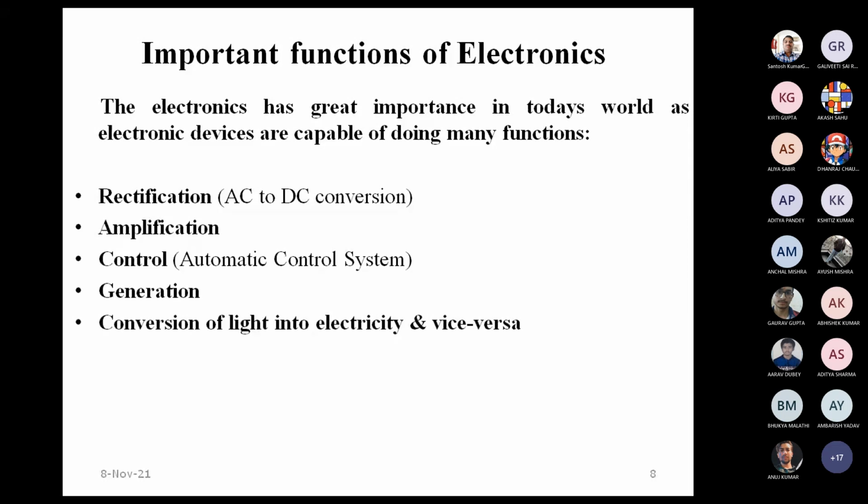Where electronic gadgets are used, there are several uses as you can see: rectification, which we will also try to look at in this course, then amplification, automatic control, generation of logics and other things, and also conversion of light into electricity and vice versa.